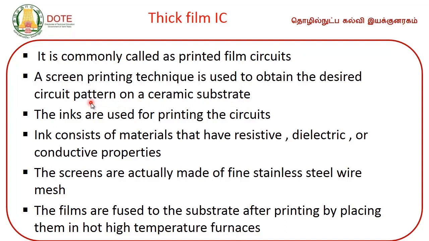Here inks are used for printing the circuits. Ink consists of materials that have resistive, dielectric or conductive properties, right? So whatever the type of ink you want, that you could select, and there is a screen. You have to prepare the screen. How to prepare the screen?